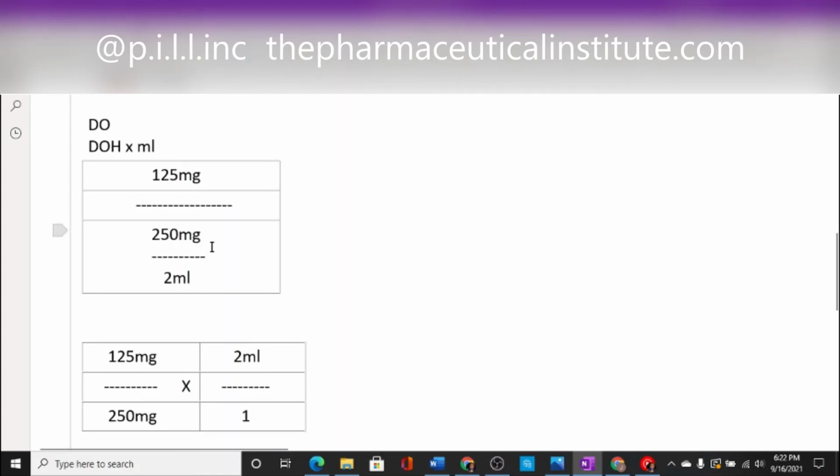Our stock dose is 250 milligrams per 2 milliliters. Notice we have a ratio in our denominator. To get rid of the ratio in our denominator, we must multiply by the inversion. So we have 125 milligrams over 250 milligrams per 2 milliliters in our denominator, and we multiply it by the inversion, 2 milliliters over 1.